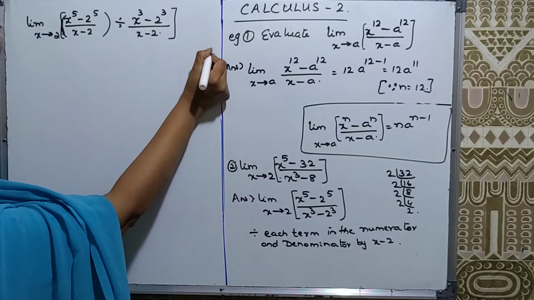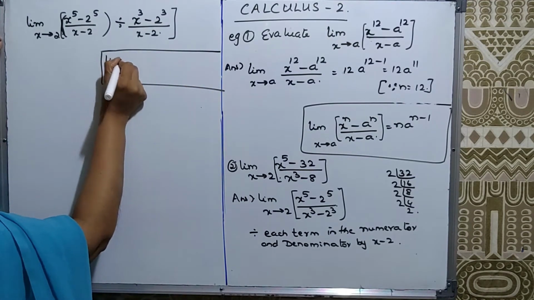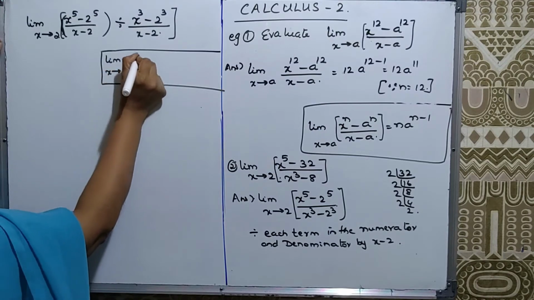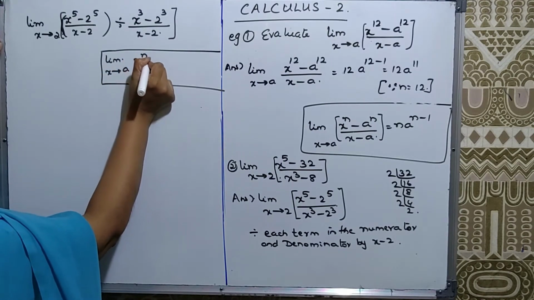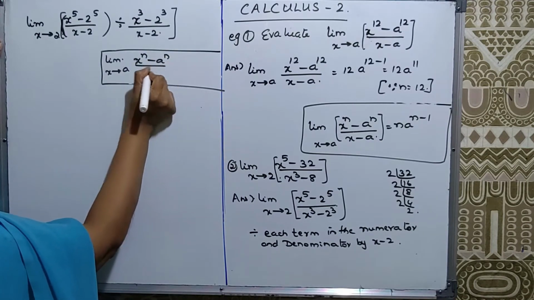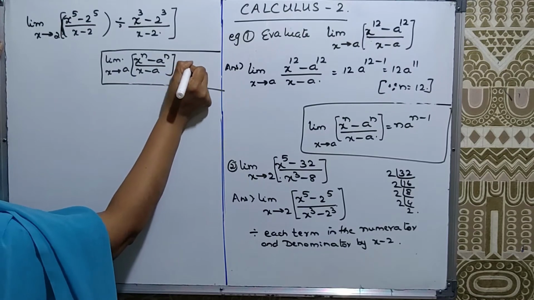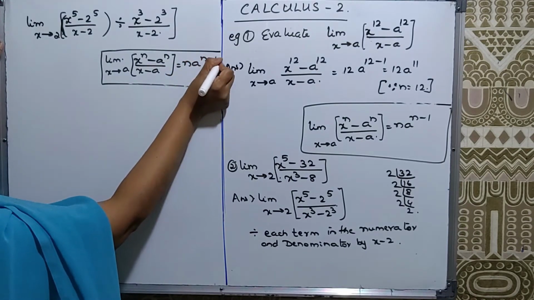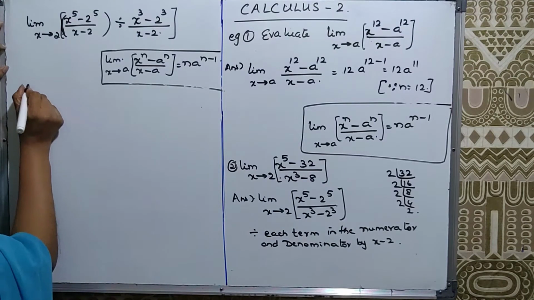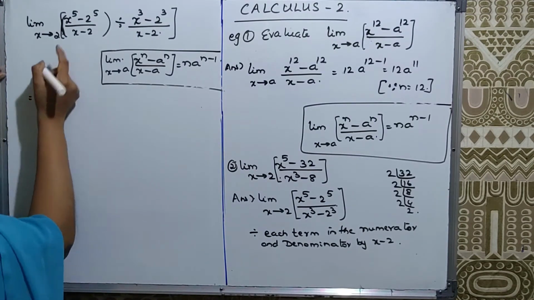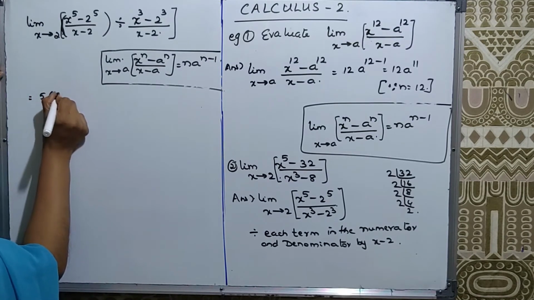The formula is limit x tends to a, x raised to n minus a raised to n divided by x minus a equal to n a raised to n minus 1. So here you write the first term: n will be 5 and a is 2.